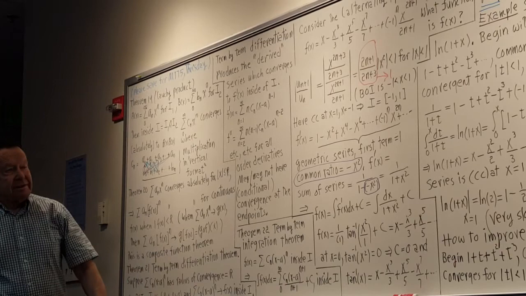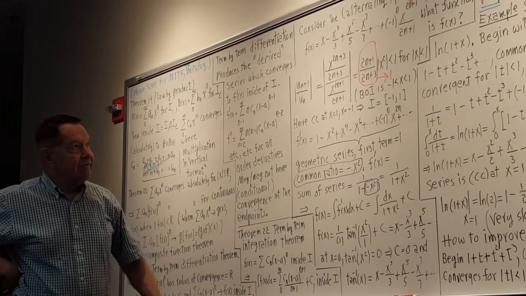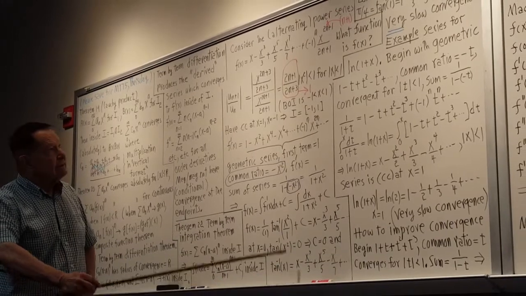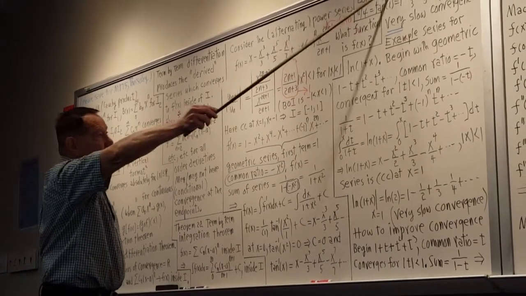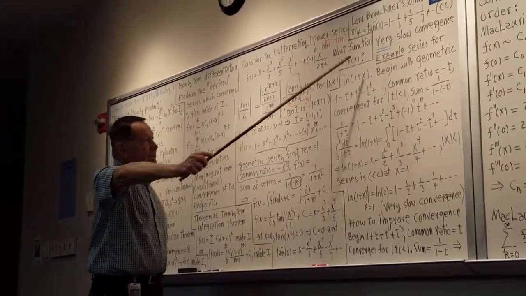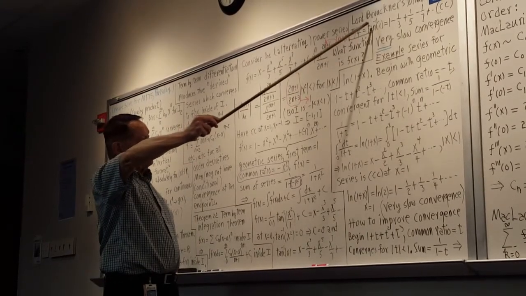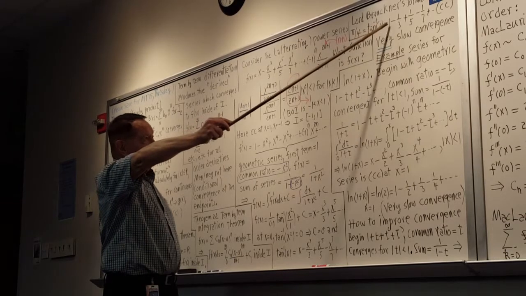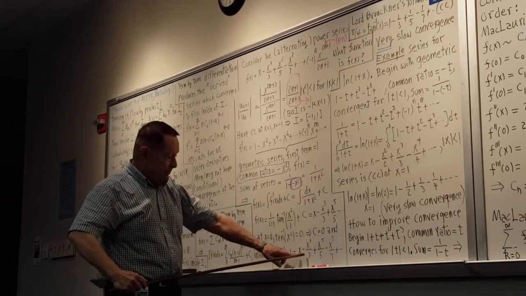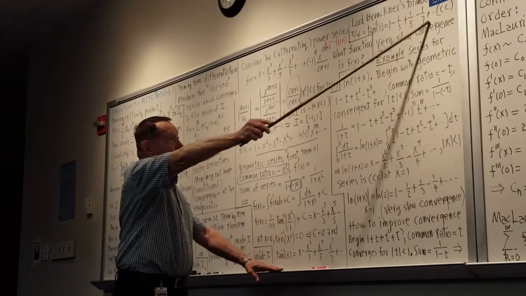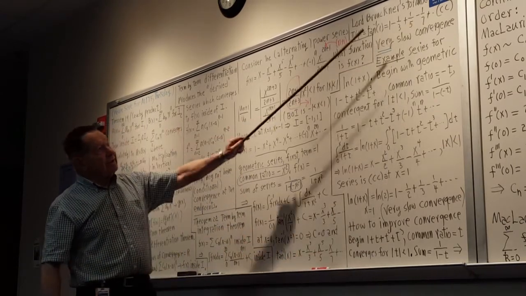And there's a formula then, arctangent of 1 is pi over 4. So Leibniz's formula, as it is called in some books, is pi over 4 is arctangent 1, which would be 1 minus a third plus a fifth minus a seventh. It's conditionally convergent.